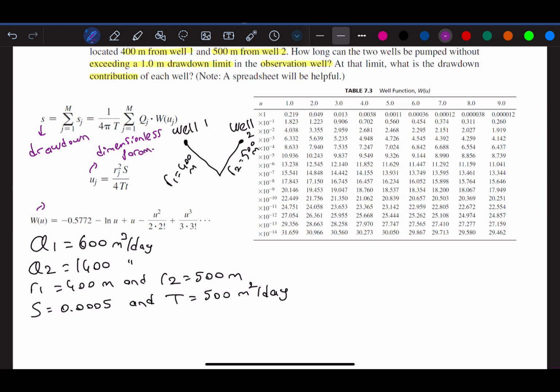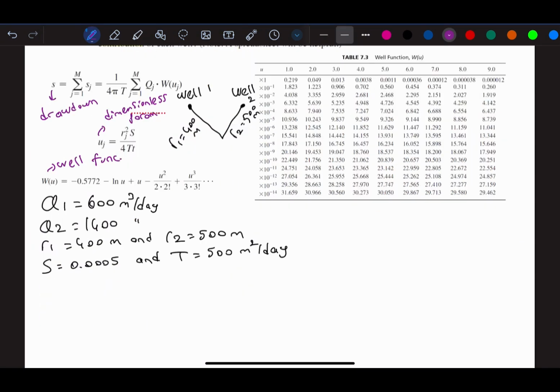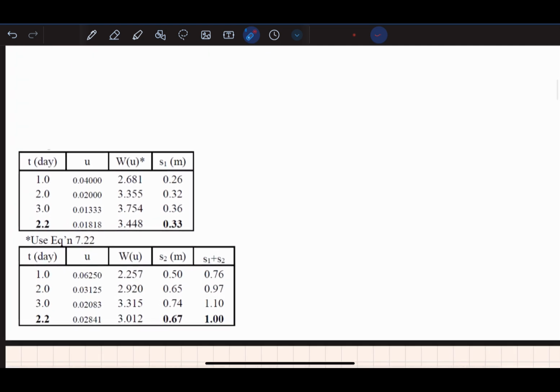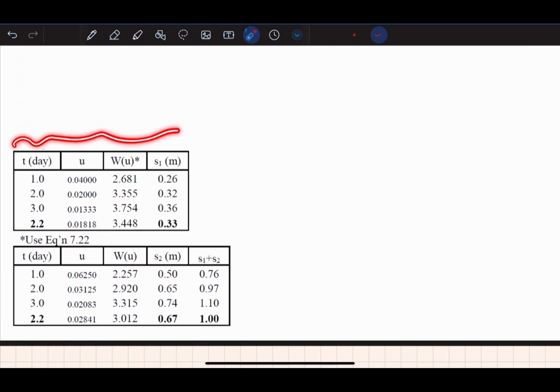And this is the well function. To find the drawdowns from each well, we have this table, and you can create this using Excel or some other spreadsheet.